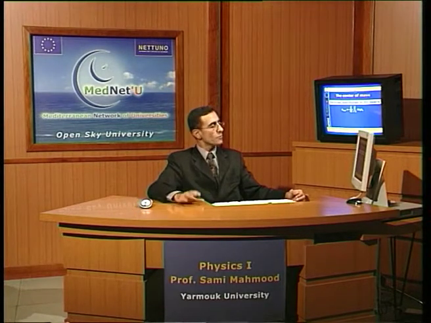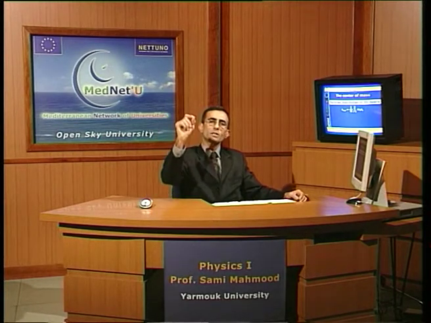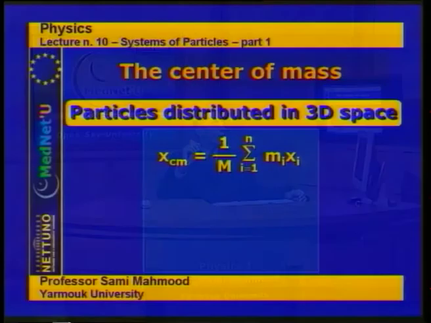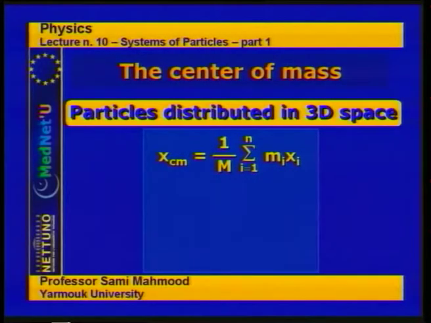Thus, as before, if the system of particles is distributed in three-dimensional space, meaning the position of each particle in general has three components, then the summation of the particle's mass, m sub i, times the x component of its position, x sub i, divided by the total mass of the system, summed over all the particles in the system, will give the x component of the center of mass.